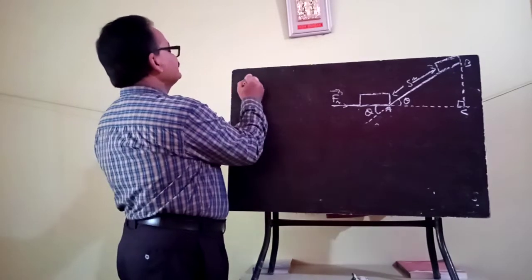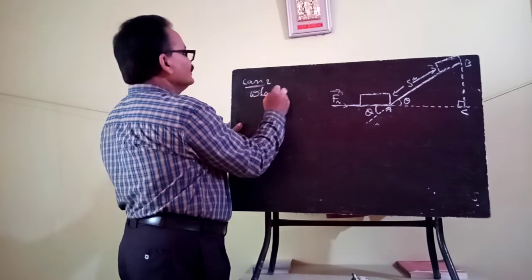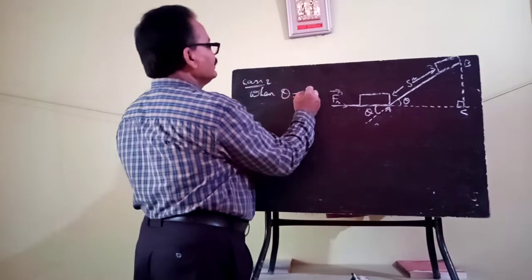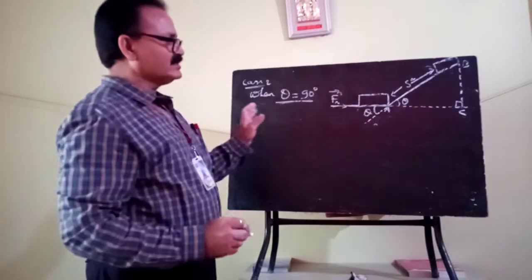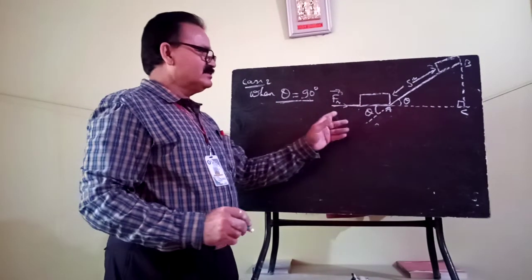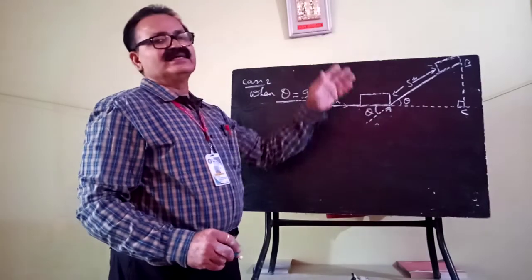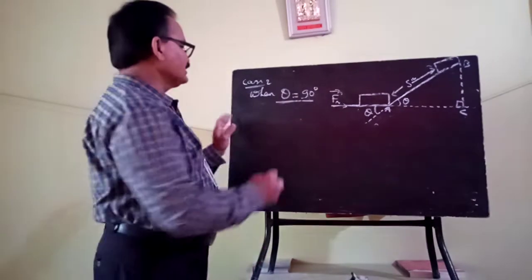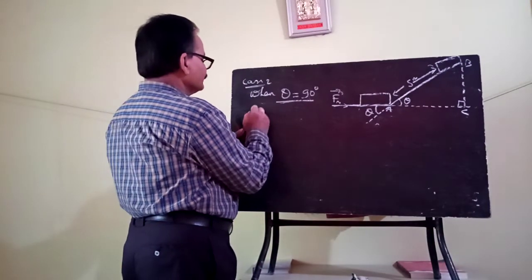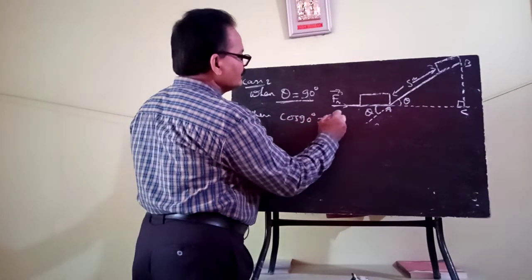So case 2, when theta is 90 degrees. When theta is 90 degrees, that means the body, after the force is applied, moves in a direction perpendicular to the direction of force. In that case, cos 90 degrees equals 0.